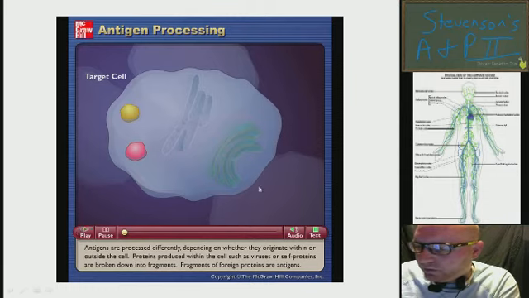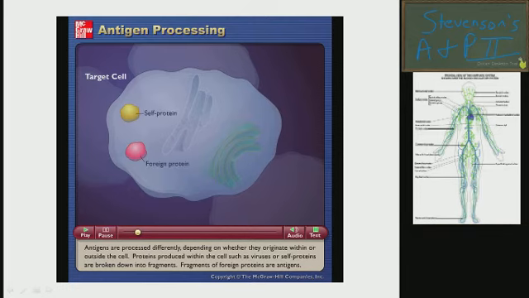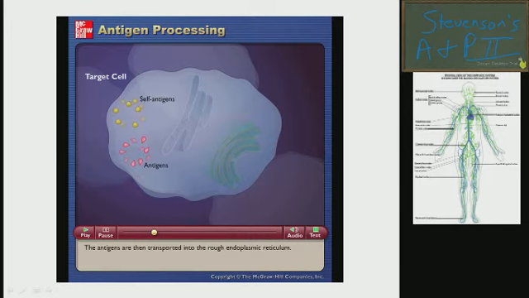Let's check out how antigens are processed differently, depending on whether they originate within or outside the cell. Proteins produced within the cell, such as viruses or self-proteins, are broken down into fragments. Fragments of foreign proteins are antigens. The antigens are then transported into the rough endoplasmic reticulum.